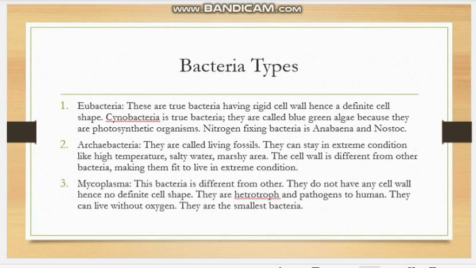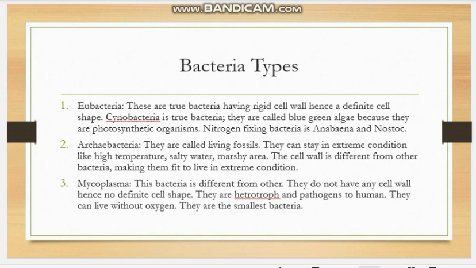Next type is the Archaebacteria. These bacteria are called living fossils because they can stay in very extreme conditions like high temperature, salty water, marshy area. The cell wall is very different from other bacteria, which makes them fit to live in extreme conditions.